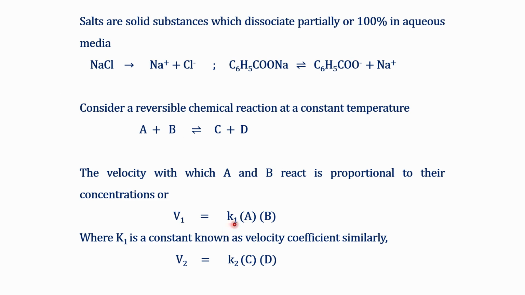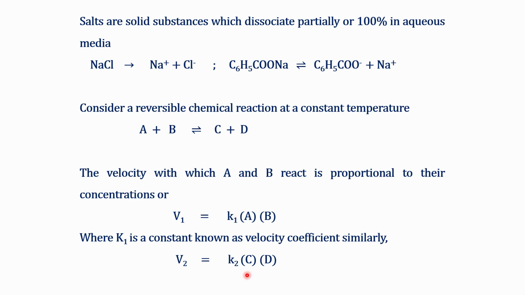So, I can write velocity V1 = K1 [A][B], where the bracket represents concentration. A lot of people write it as a square bracket also. V1 is equal to K1 into concentration of A multiplied by concentration of B, proportional to forward reaction. So, the proportionality constant is K1.